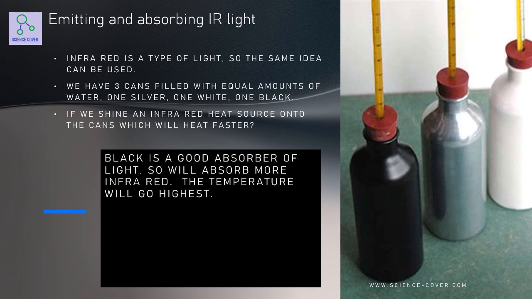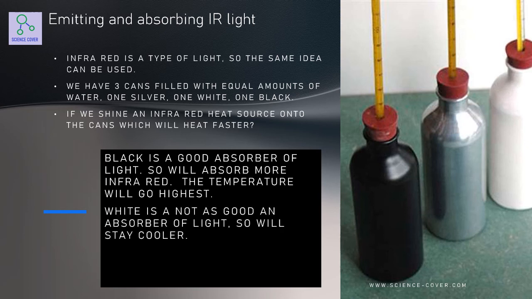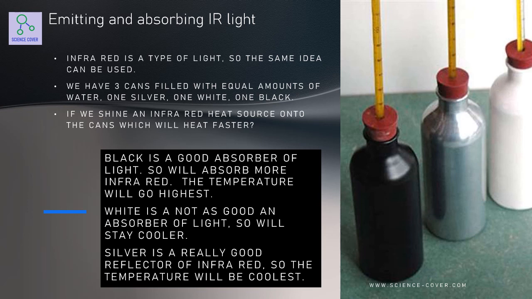Black is a good absorber of light, so it should absorb infrared. The temperature should get highest. White is not as good an absorber of light, so it will stay much cooler. But silver is a really good reflector of infrared, so the temperature will be coolest with a silver can.